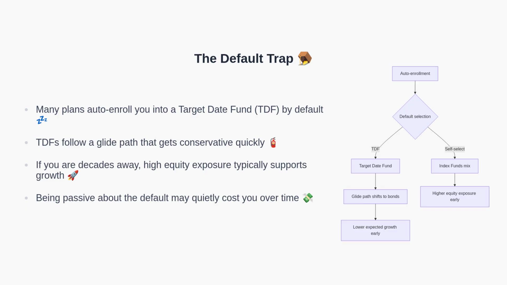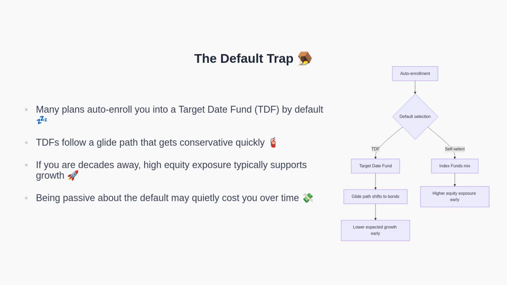Many workplace plans auto-enroll new participants into a target date fund by default. Target date funds use a glide path that gradually increases bond allocation and reduces equity exposure as the target year approaches. The controversy is that these funds may become conservative too quickly. If you are 20 to 30 years from retirement, financial research often supports prioritizing higher equity exposure to maximize long-term compounding.